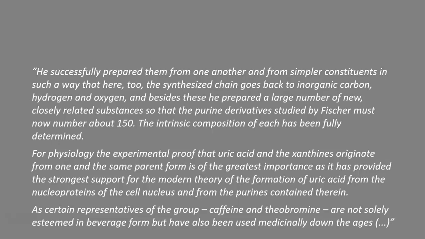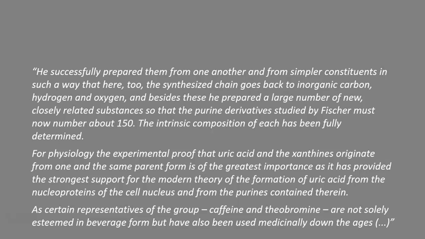For physiology, the experimental proof that uric acid and the xanthines originate from one and the same parent form is of the greatest importance, as it has proved the strongest support for the modern theory of the formation of uric acid from the nuclear proteins of the cell nucleus and from the purines contained therein.